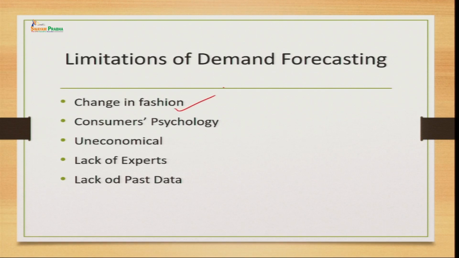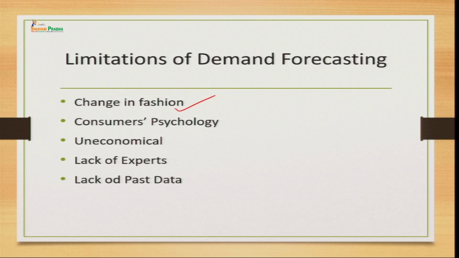The first is change in fashion. Fashion keeps on changing. So, whenever we are forecasting the demand for a longer period of time, it might not be possible for us to forecast it accurately, because there is a change in fashion taking place, which is a future implication and very difficult for us to predict in advance.